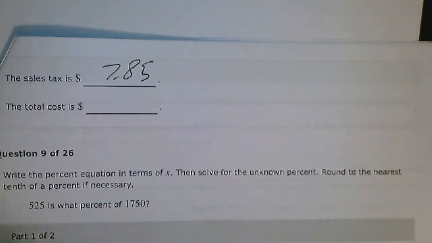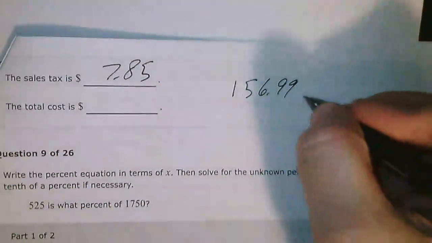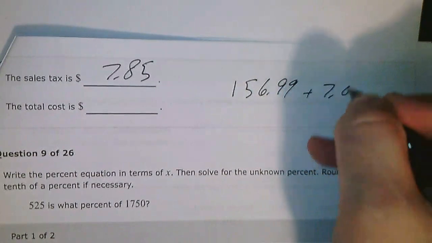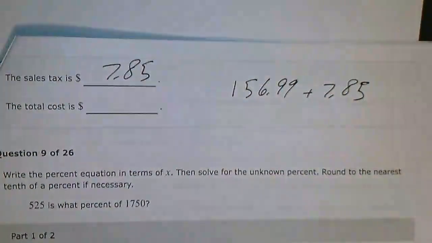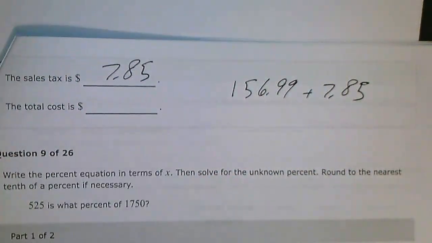And the total cost, we take the cost of the PlayStation and add to that what you would pay in tax. So be careful, because Alex will mark the problem wrong if you give the tax when it's asking for the total cost or vice versa.